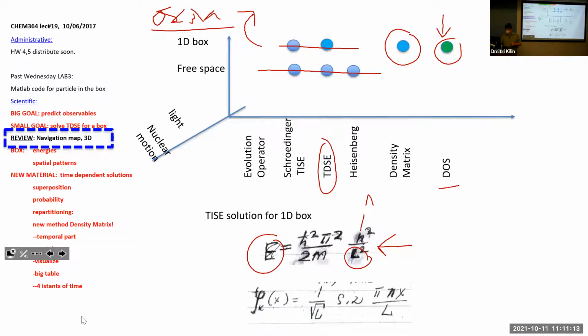Okay, so we browse in the 3-dimensional space of ideas, models, and external perturbations. And by now we have only free space and the 1-dimensional box. Relatively soon, as soon as we are done with that homework, we'll go to more systems.